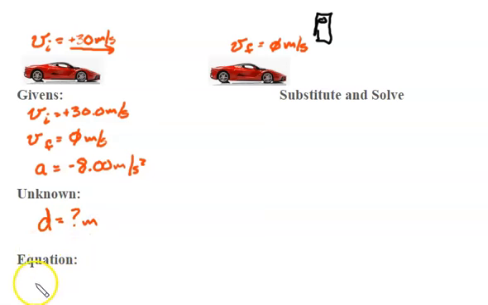So I'm going to use the equation velocity final squared minus velocity initial squared equals 2ad.